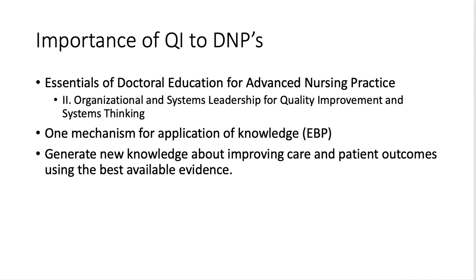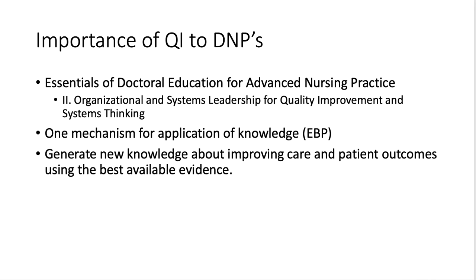The importance of QI to DNP is now you've got this knowledge and you've translated it to make it usable. You've got to do something to change the processes that are going on in the care of patients to bring that knowledge to bear on the outcomes of your patients. And for that, you can use QI. That's what we use QI for in healthcare.